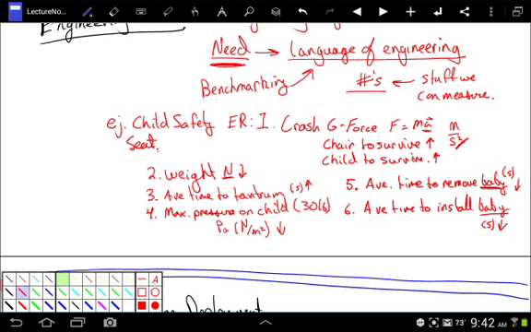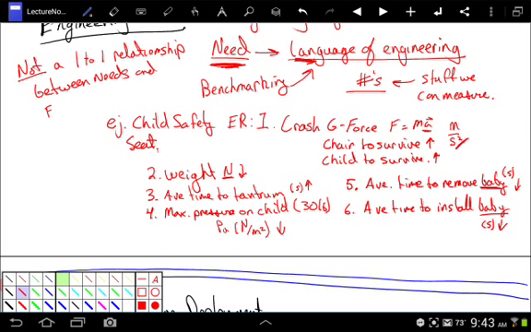So you're going to create a whole set of engineering functions. And the important thing to remember is I have an arrow here from need to engineering function, but it's not a 1-to-1 relationship between needs and engineering requirements.